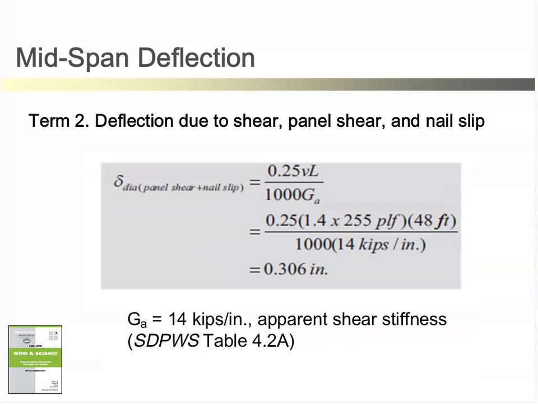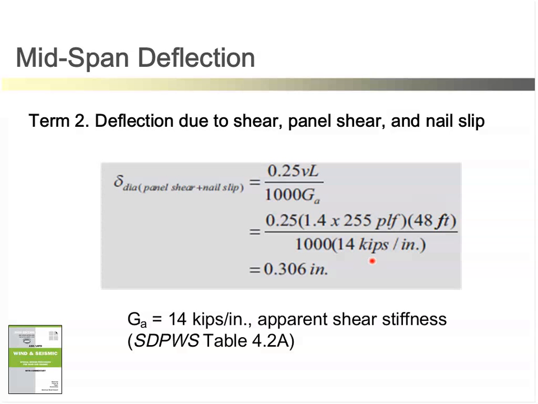Now we'll look at the deflection due to the shear, the panel shear, and nail slip. That's the middle term of the equation. We spent a lot of time already looking at that. Again, 1.4 times the induced unit shear. Length of the diaphragm of 48 feet. So we're just plugging numbers here.